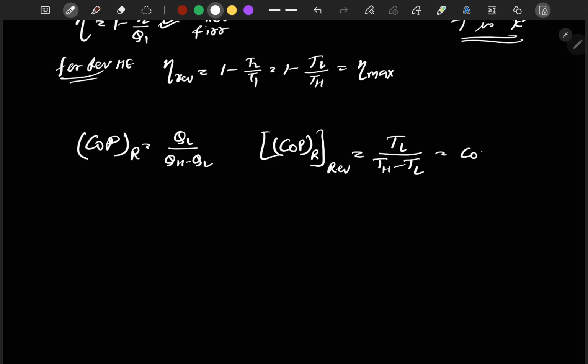This COP of refrigeration is the maximum possible value of COP for refrigeration. Similarly, we can also calculate the COP for a reversible heat pump, which will be TH upon TH minus TL.